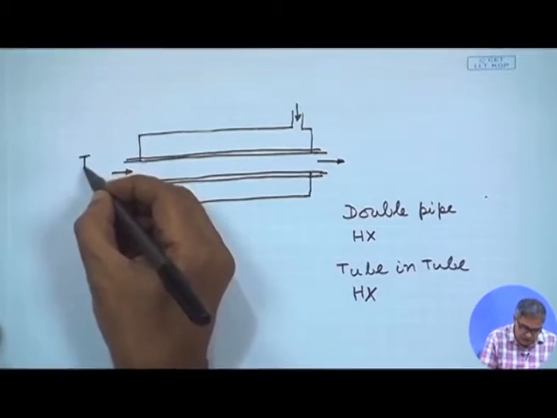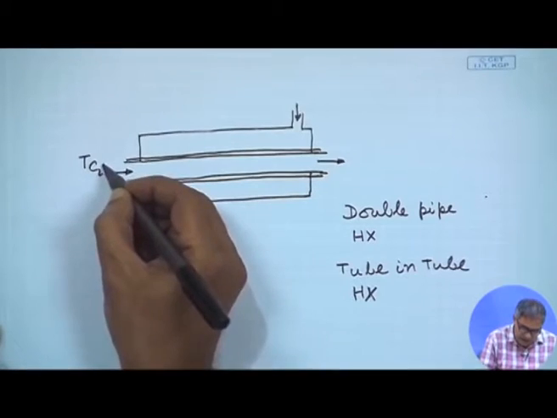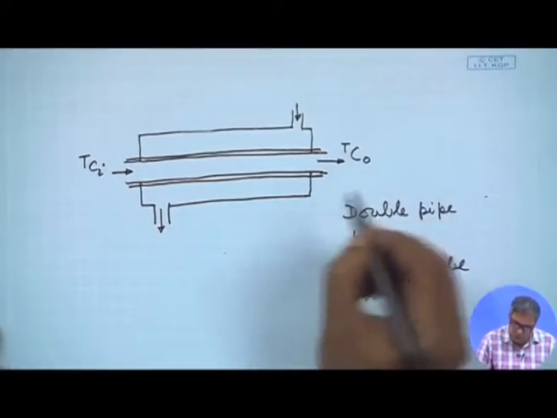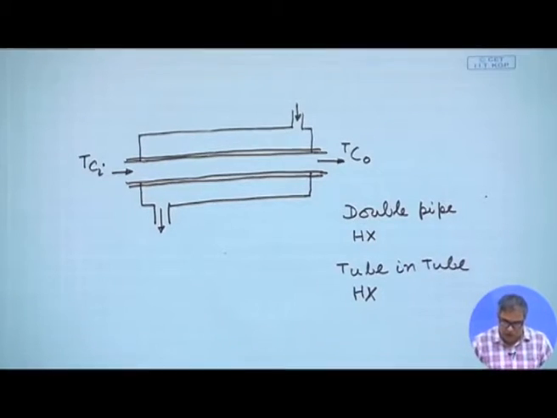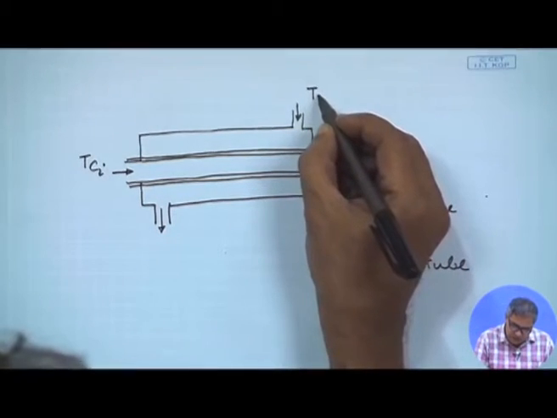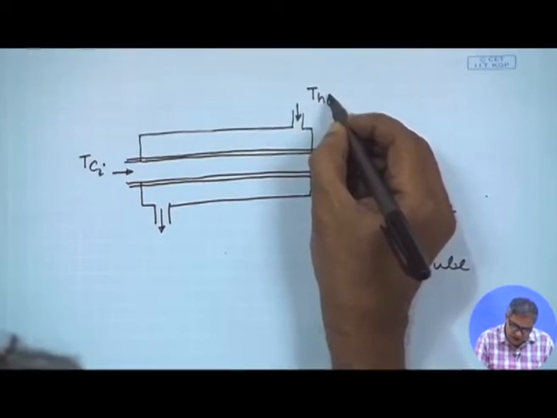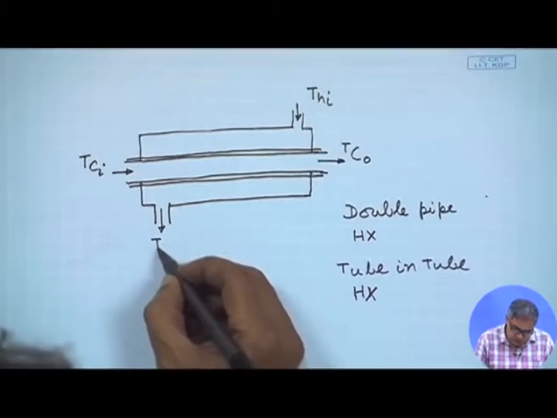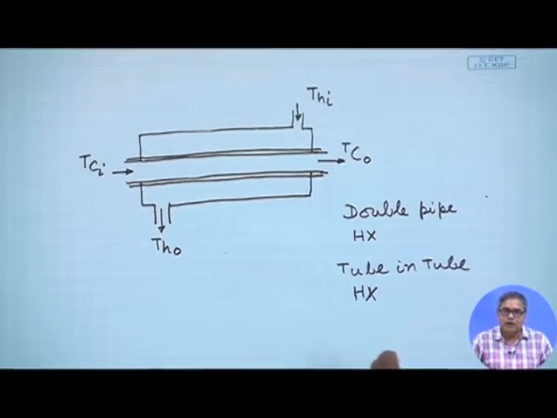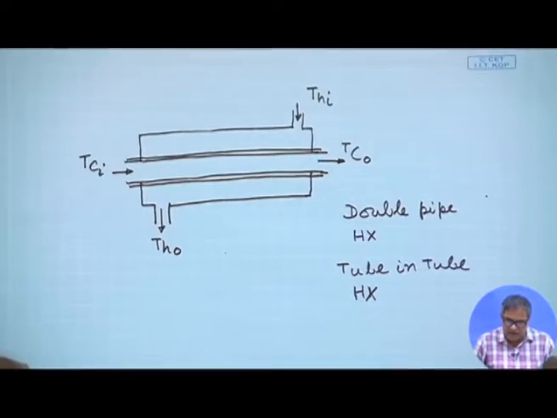It will enter with TCI and go out with TCO, at a warmer condition. And the hot fluid comes in at THI and goes out at THO. That means when it goes out, its temperature will be less than its temperature at the entry.